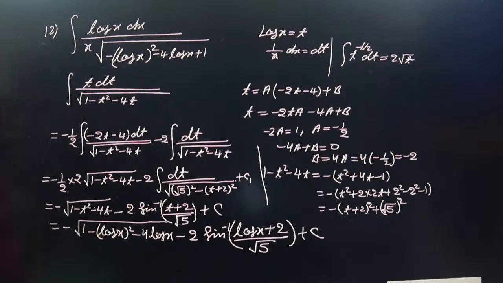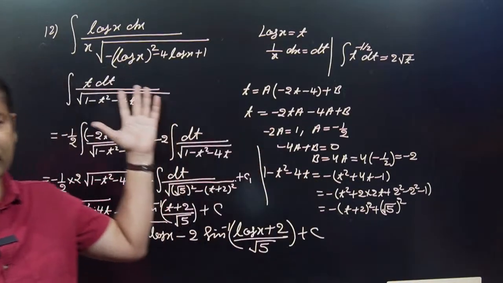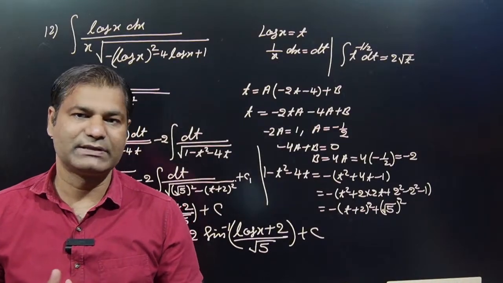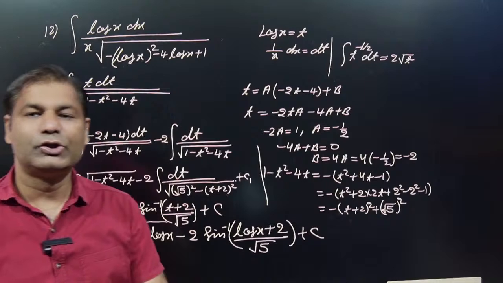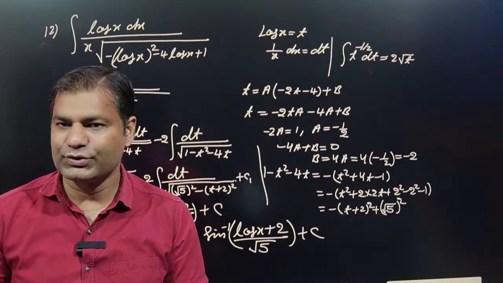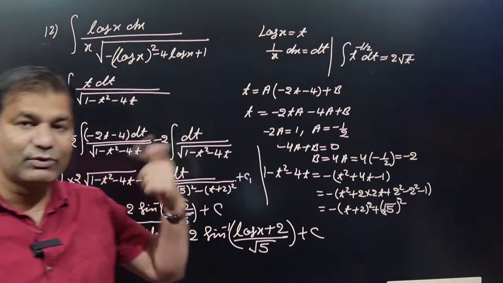Now I will explain again. Look here. The question is given corresponding to that one. Log x dx divided by x into under root 1 minus log x minus log x to the whole square. Okay. So first of all, I know that if log x is t, then 1 by x dx is dt.